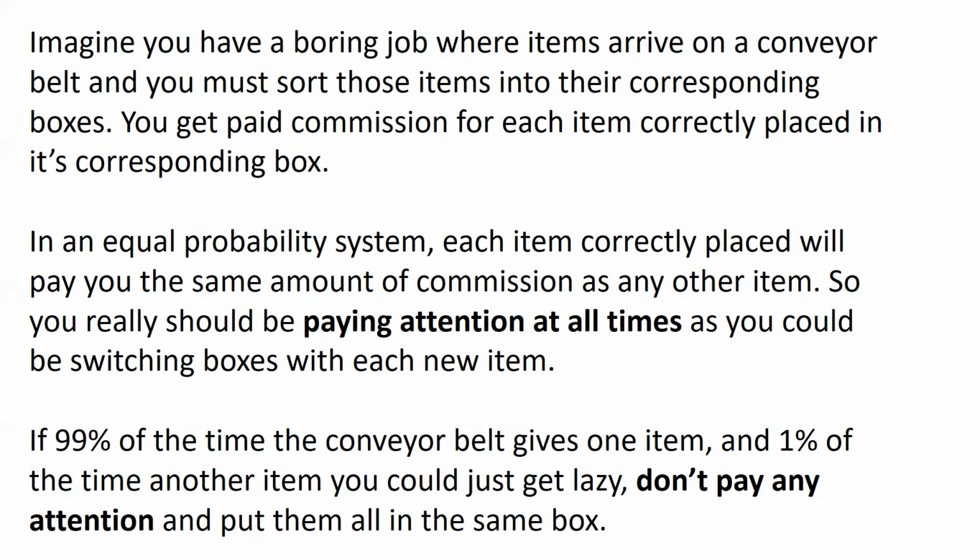Whereas in the state where equal probability is crucial, you lose a quarter of your commission every time you get one box wrong in a 4-state system. So I hope that helps you think about how an equal probability state carries more information on average, because you have to pay attention to every single different state in the system.